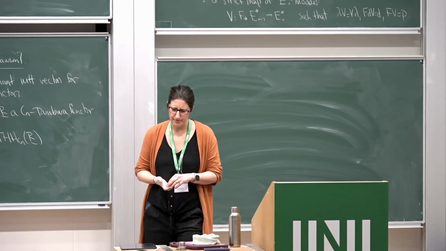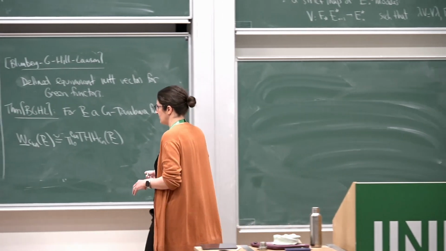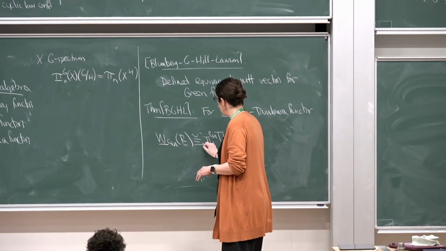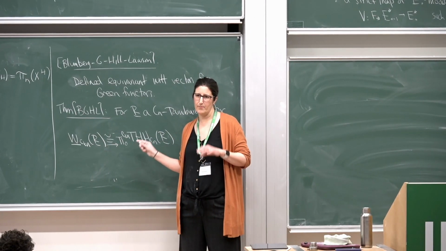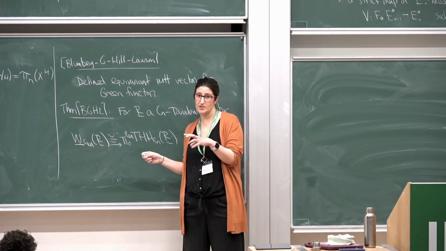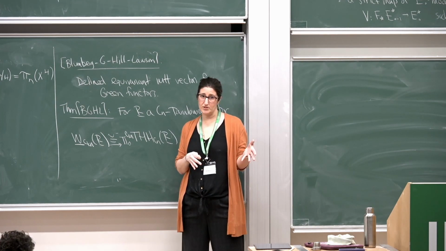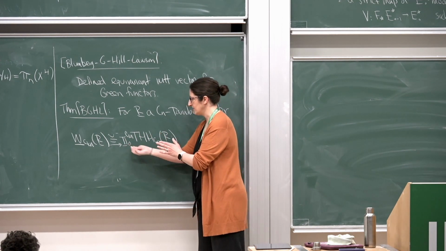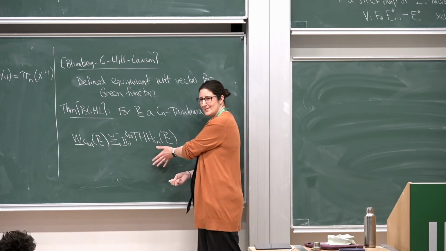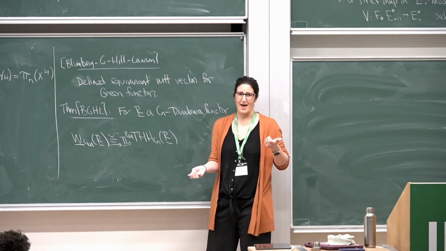So how should you think about what that is saying to you? What that is saying is that this is exactly analogous to Hesselholt-Madsen's theorem about pi 0 of the fixed points of THH being the p-typical Witt vectors. You don't see the fixed points over here because they're now hidden in the Mackey functor.